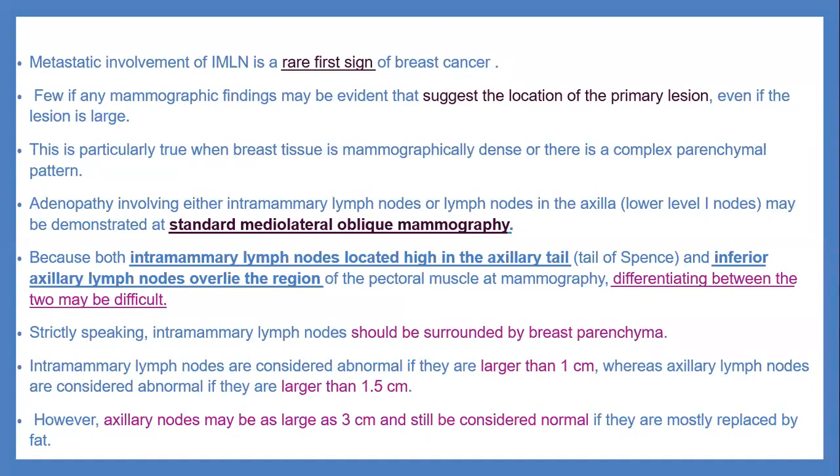And as we mentioned before, if an intramammary lymph node is more than 1 centimeter, we'll say this is a pathological or atypical lymph node. While for an axillary lymph node, if it is more than 1.5 centimeter, then you might say this is an abnormal lymph node.